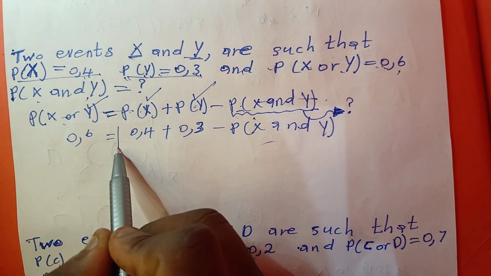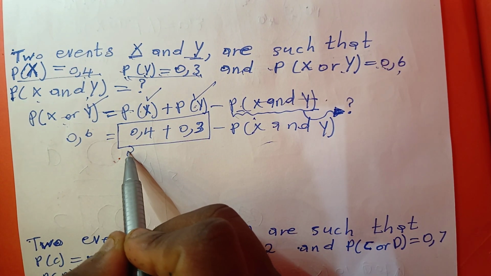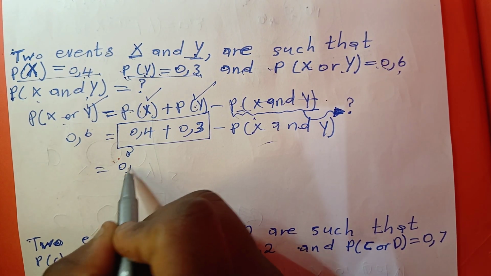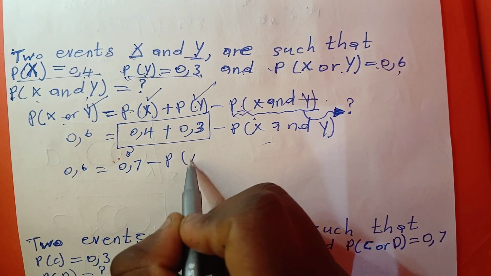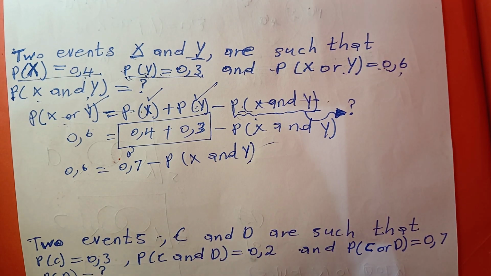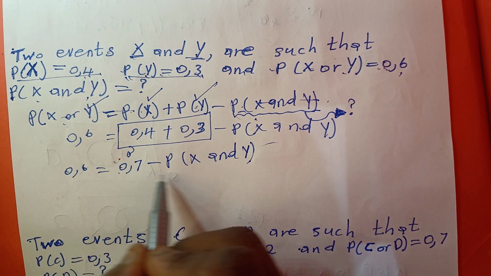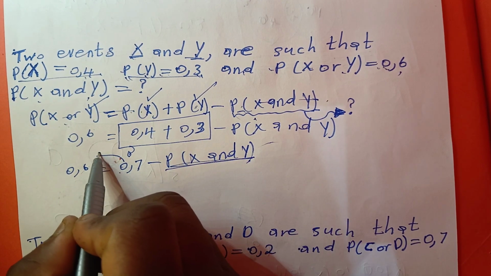So this thing you can punch in your calculator, simplify it from a big thing to a small thing. You'll find out that you have 0.7 minus P(X and Y) equals 0.6. Now we want to make P(X and Y) alone, so let's take this one to the other side.